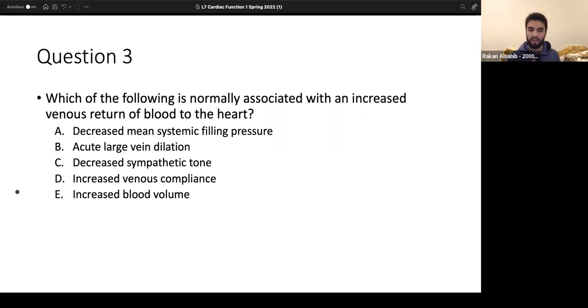And if I have an increased venous compliance, my veins are going to accommodate more blood, and I'm going to get less venous return. Yes, exactly. So C would dilate the vessels. So I would pump less blood, I'd get less venous return.